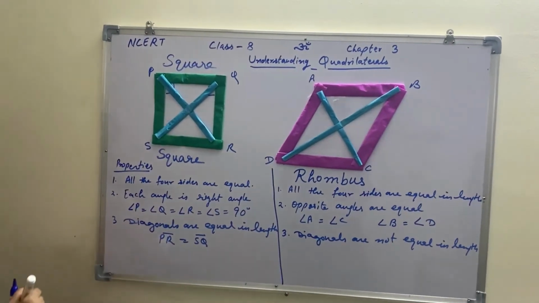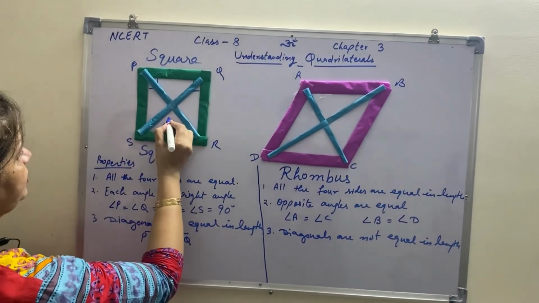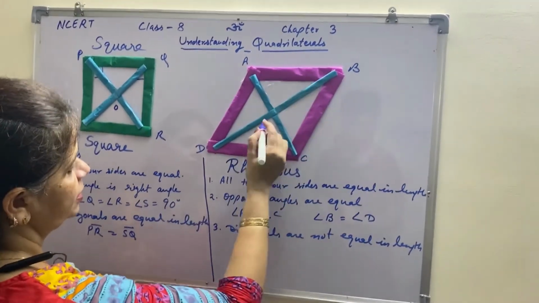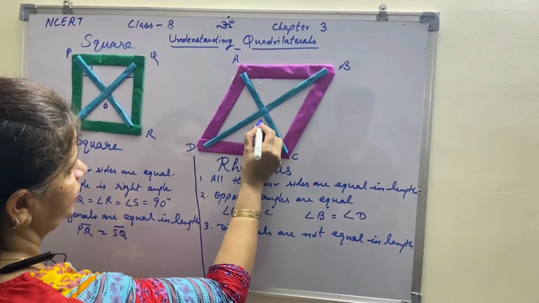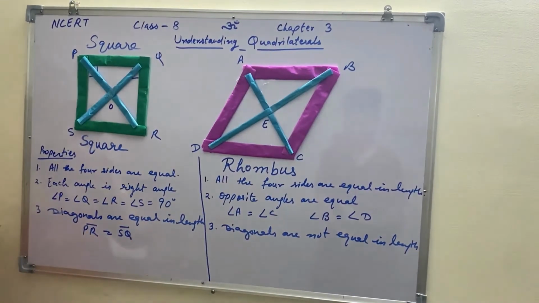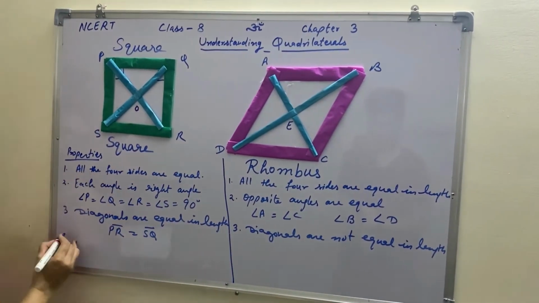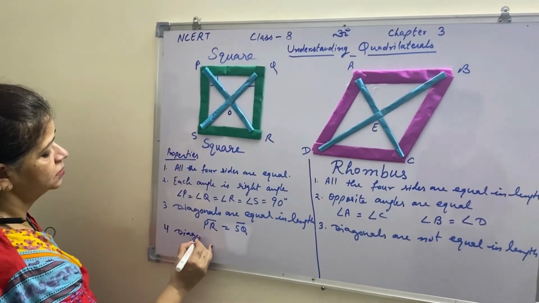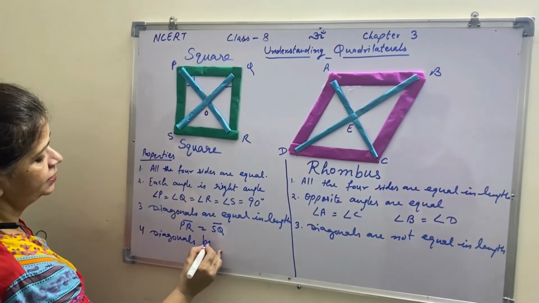If I mark the point where these diagonals intersect each other at O, and here the point where they intersect each other at E, then you can learn that in a square diagonals bisect each other.